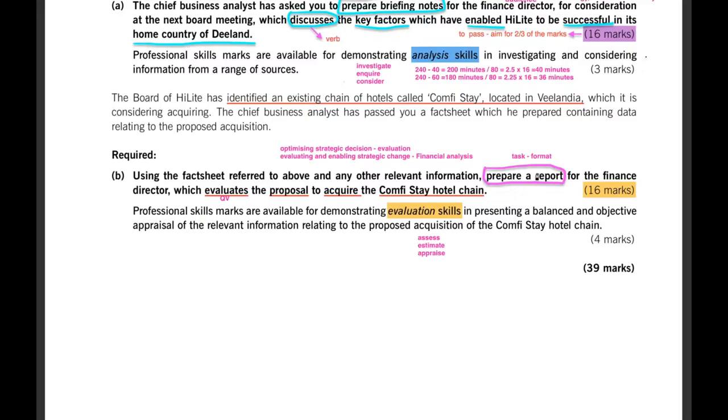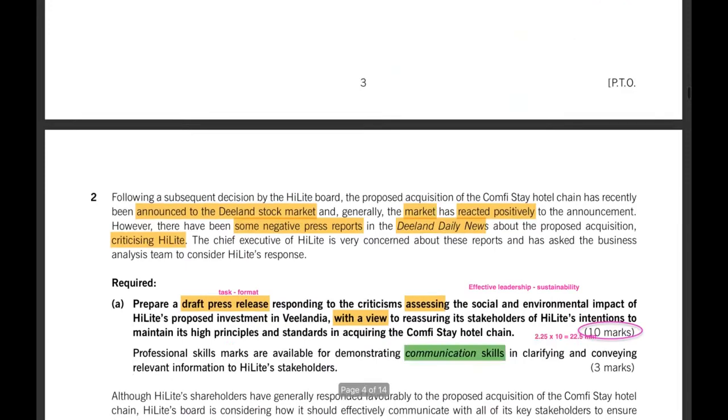Don't aim for 50, because if anything happens and you fall back, it is a fail. With 2/3, even if you don't meet certain points of the examiner's requirements, you still have a buffer to pass this question. Same goes here, 2/3, and here also 2/3.